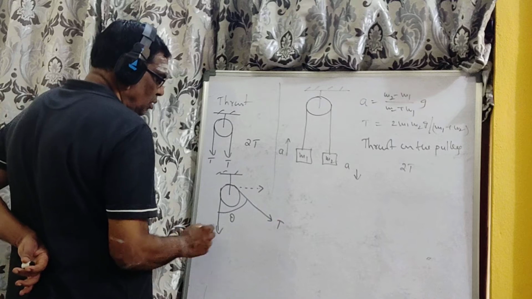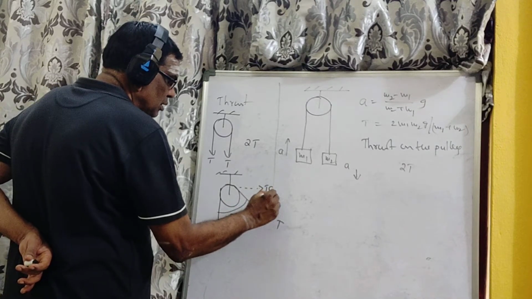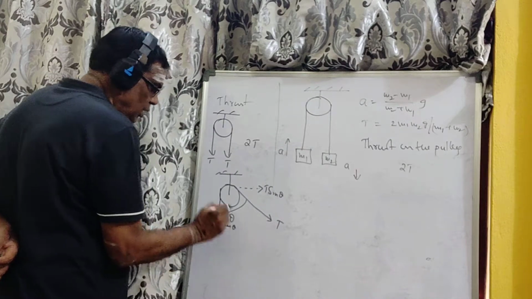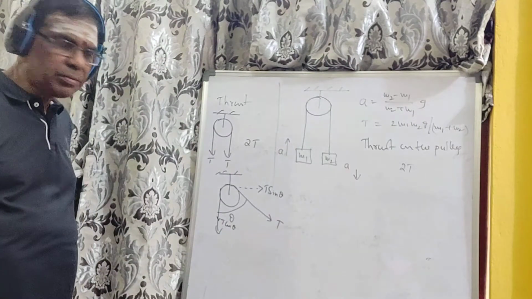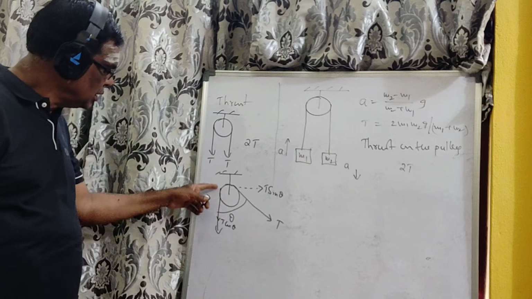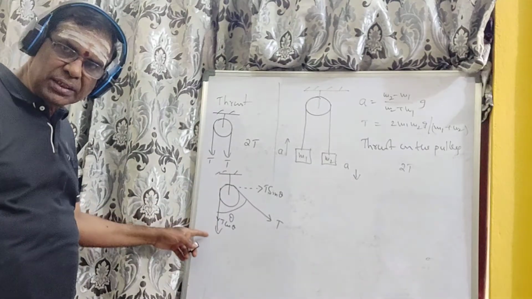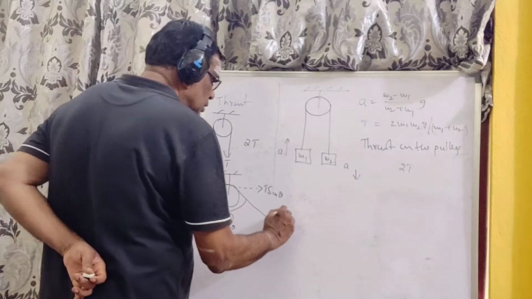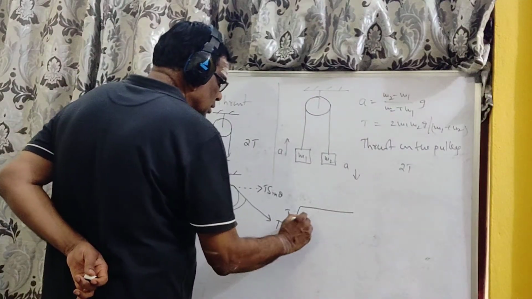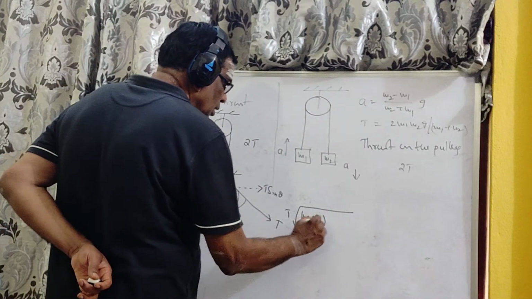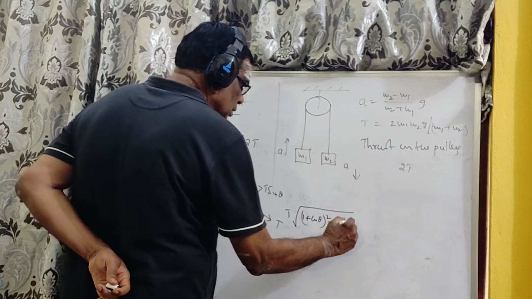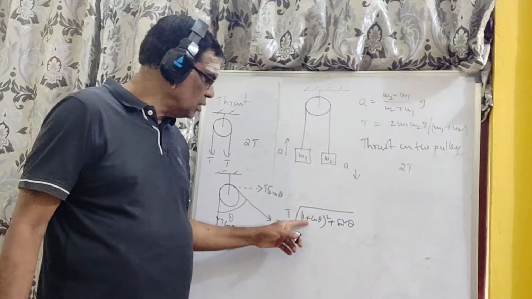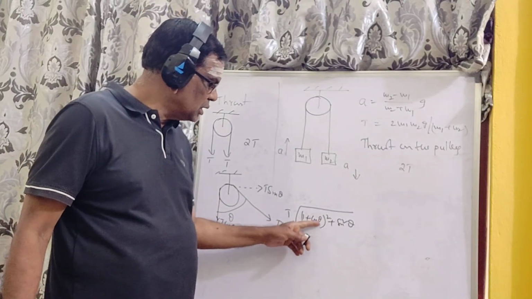Or what else you can do, I'll tell you. If I resolve that there, it becomes T sin theta. If I resolve it here, T cos theta. So this is T plus T cos theta, T into 1 plus cos theta. This is T sin theta. Now T is common. 1 plus cos theta whole square plus sin square theta. Now what do you get? 1 plus 2 cos theta plus cos square theta.